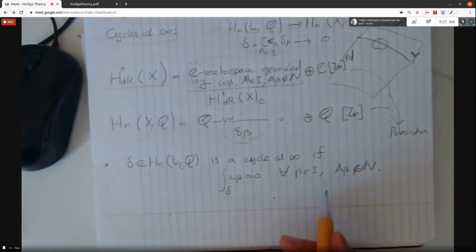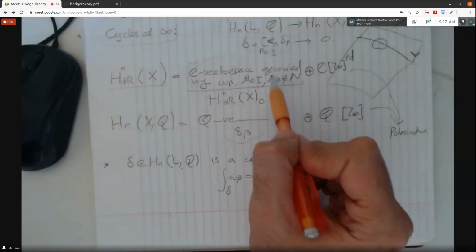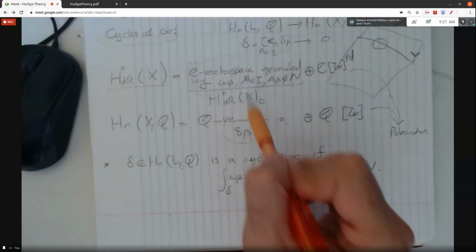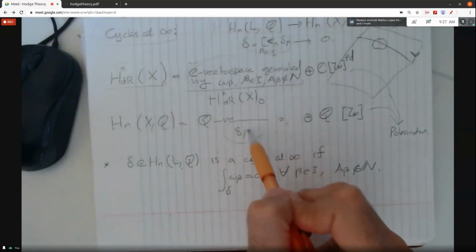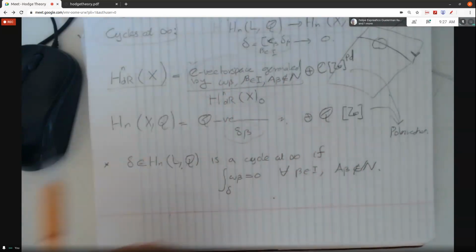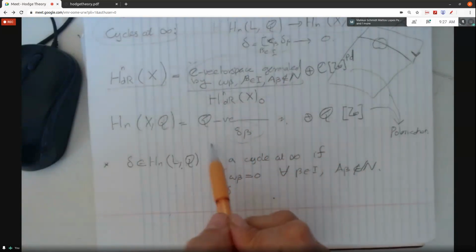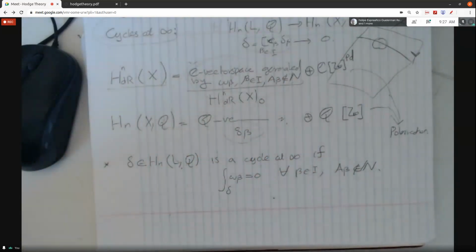Because as I mentioned, this is the dual of this guy here. So if the integration of all these elements over some cycle here is identically zero, this guy will be zero itself.